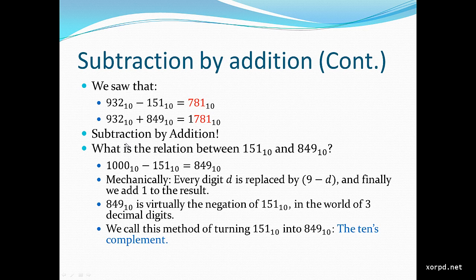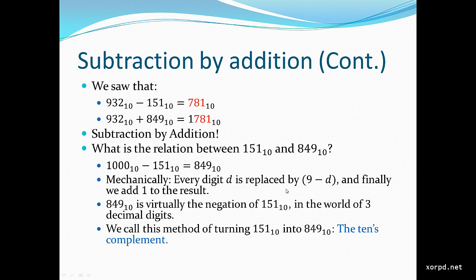What actually is the relation between 151 in base 10 and 849 in base 10? Well, this is the relation. That is how we got this number. The subtraction from 1000. This operation of the subtraction is mostly mechanical. Every digit d is replaced by 9 minus d. And finally, we add 1 to the result. Why is that?